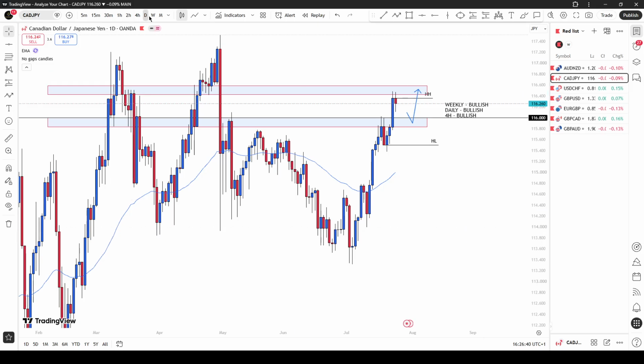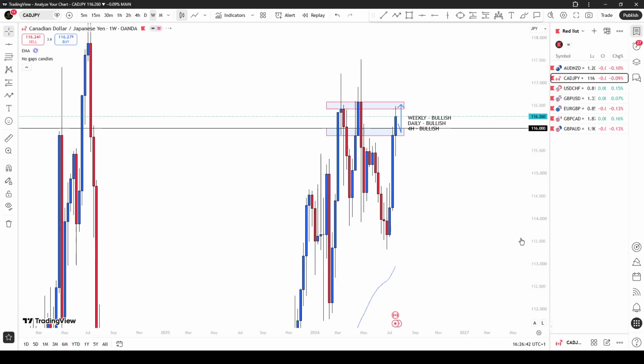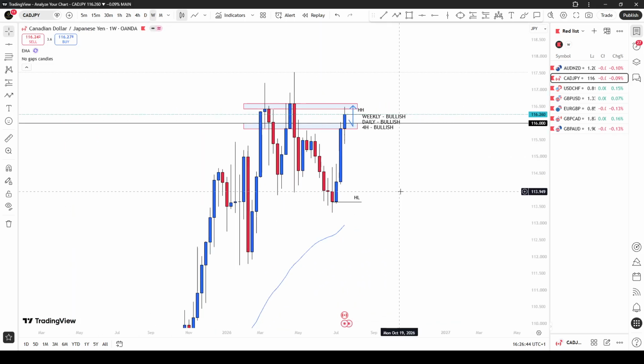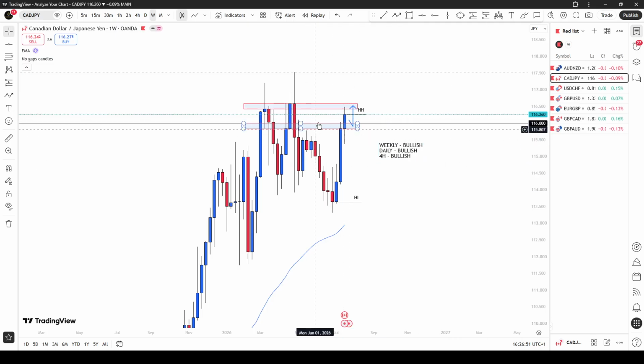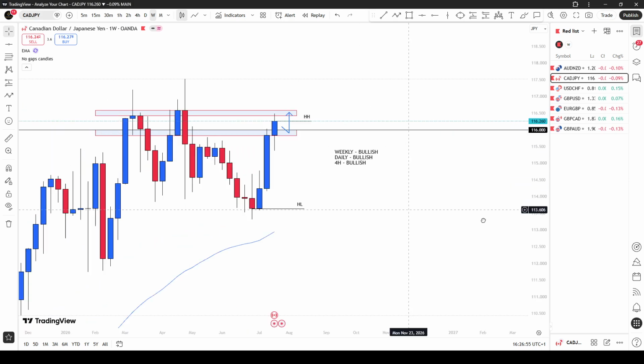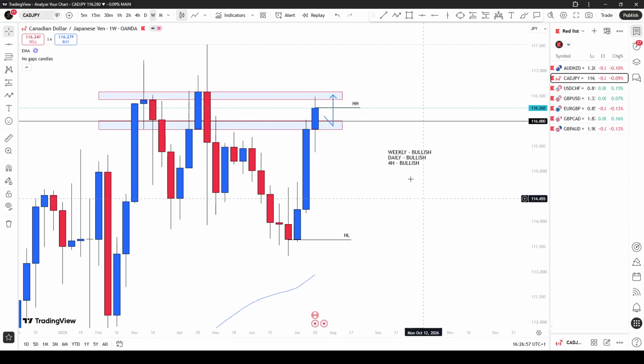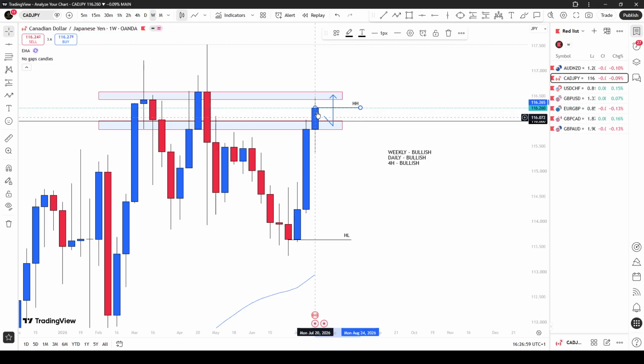You can see the weekly time frame is bullish. This is the higher high. It's kind of choppy here, but to be clear, this is the higher high and this is the higher low.